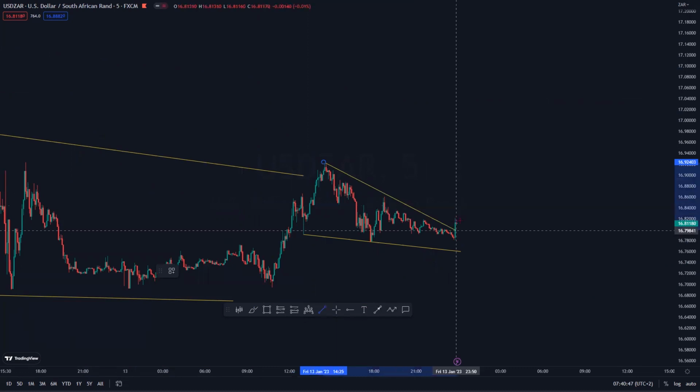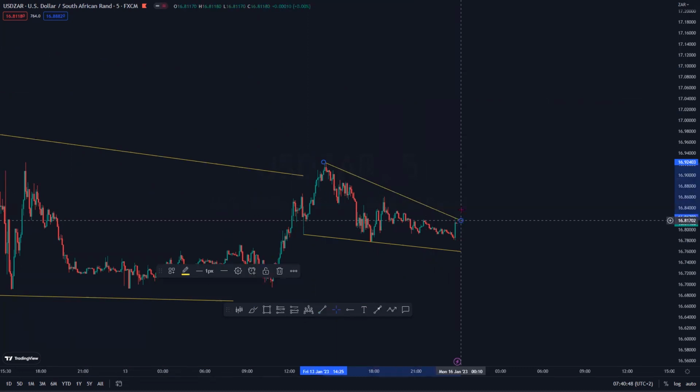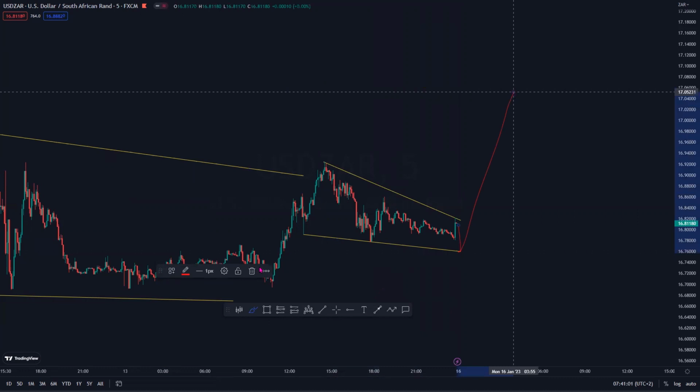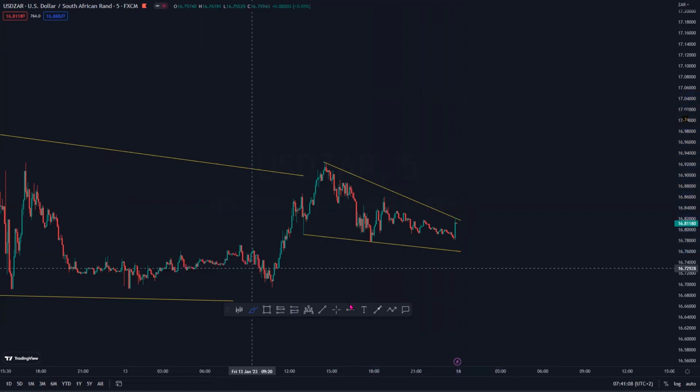For now it is not that clear, but the market might reject and give us a third touch before starting to shoot to the upside. For me, I'll advise you to be patient enough for this to happen. You get it?